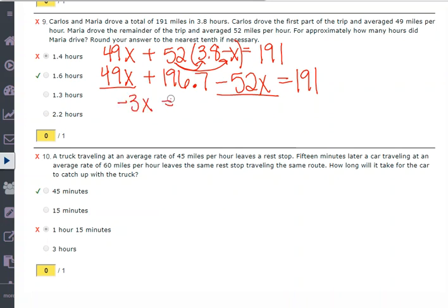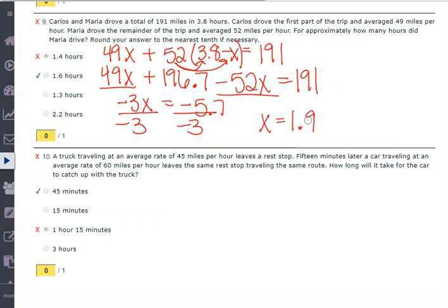I also need to subtract 196.7 to the other side, so 191 minus 196.7 is negative 5.7. Divide both sides by negative 3. Negative 5.7 divided by negative 3 is 1.9, so x equals 1.9.